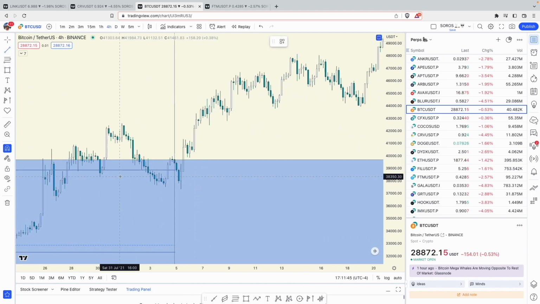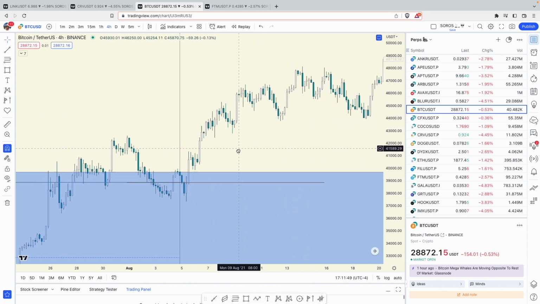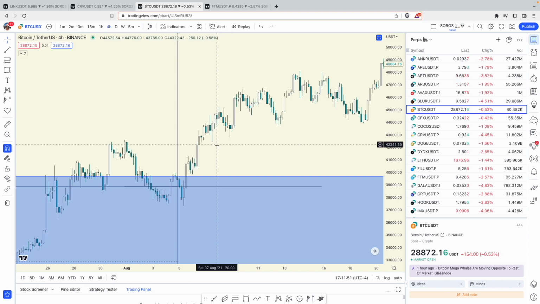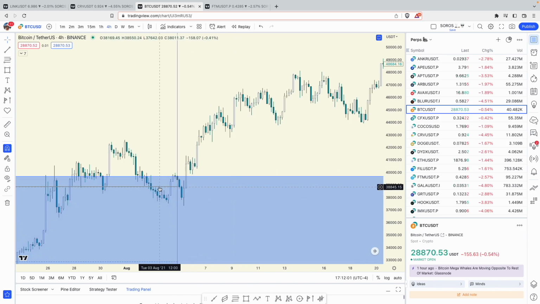Because remember, this is your value area high within the range. Here you could see acceptance above, and this is the area where you can start taking longs, because now you're flipping this into support here, and you've left the chop zone, and you've left the value area high within that range.